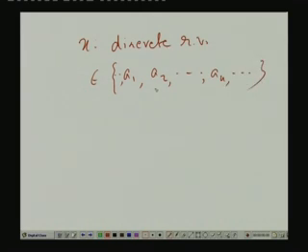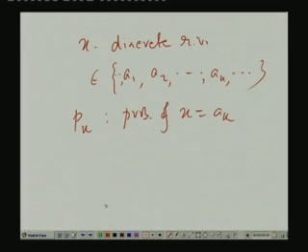For each value there is a probability, it is not density anymore because it is not a continuous function, it is a discrete function. So, p k is the probability of x equal to a k. Suppose a1 is 10 and a2 is 15 and there is no number between them.